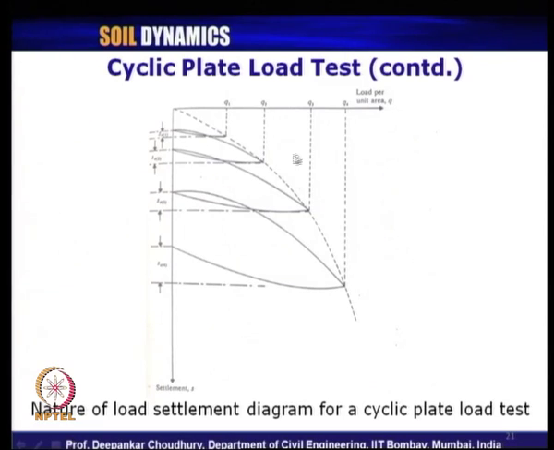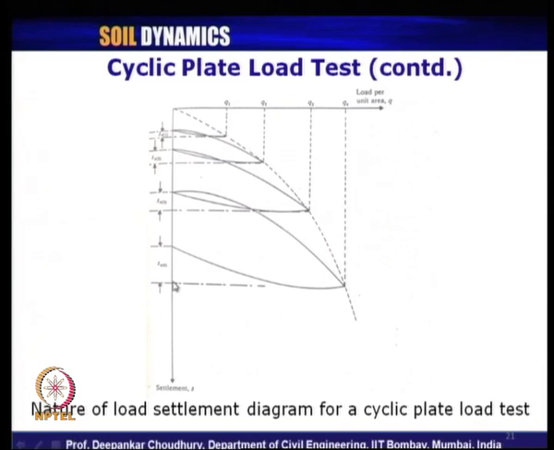load Q 2. Similarly, in the third cycle, this is the full settlement. After taking out the load, the remaining settlement is up to this. So, elastic settlement is this much, S E 3 is the elastic settlement corresponding to load applied Q 3. In the fourth cycle, for the load applied Q 4, the total settlement is this much, and after taking out the load completely, the settlement remains up to this.